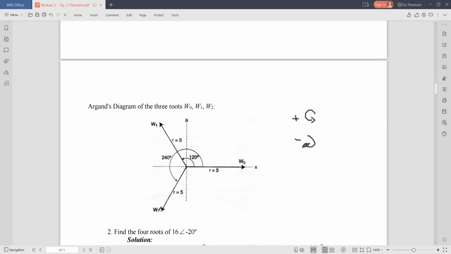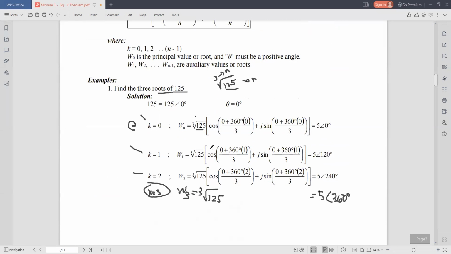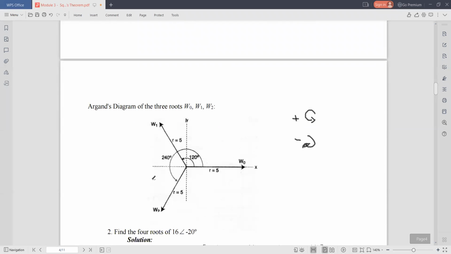And then W sub 2, or the cube root, you have now your 240 degrees counterclockwise, with the same magnitude, r equals 5. So this is the process on how to plot your equation using the Argand diagram.